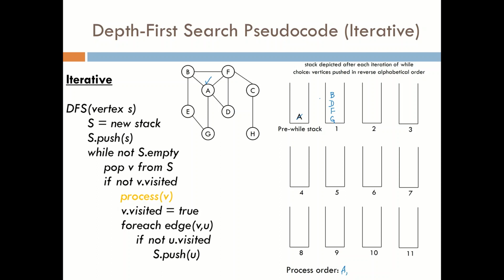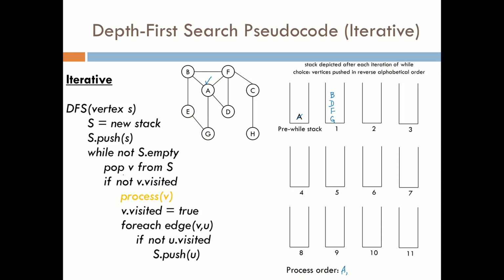And at this point, all we've done is process A, and we've output that on the process stream. And now we go back to the top of the loop and we pop the next value.